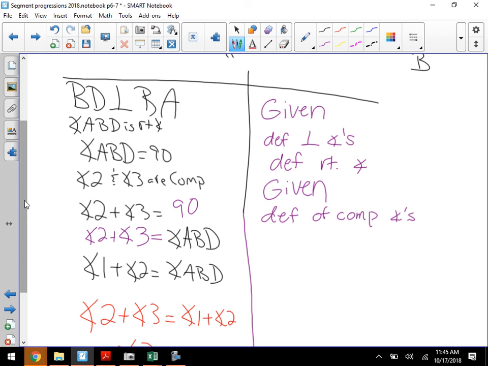If you look at this one, what he was saying here, you have the measure of angle 2 and angle 3 add to 90, and you have angle ABD adds to 90. Since both of these are adding to 90, they're just taking these two left sides and setting them together. So there we have substitution.